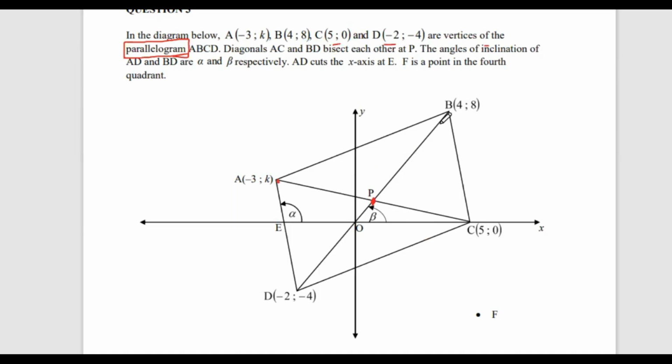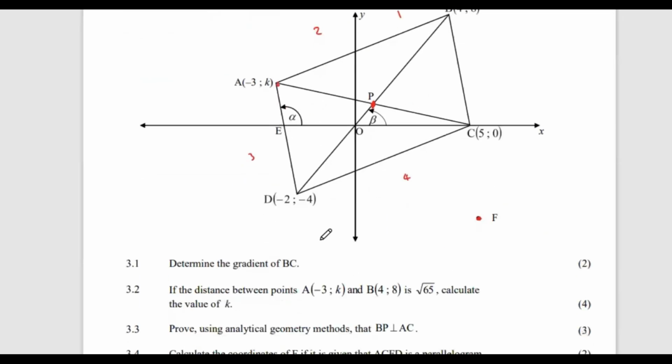In other words, the midpoint of this diagonal is the same as the midpoint of the other diagonal. The diagonals bisect at P, and the angles of inclination of AB are alpha and beta, respectively. AB cuts the x-axis at P, and F is a point within the fourth quadrant. Quadrant 1, quadrant 2, quadrant 3, quadrant 4. There is F.